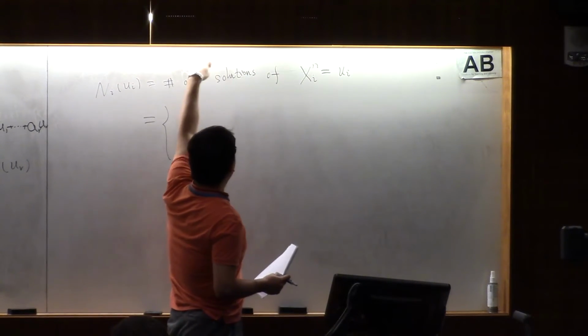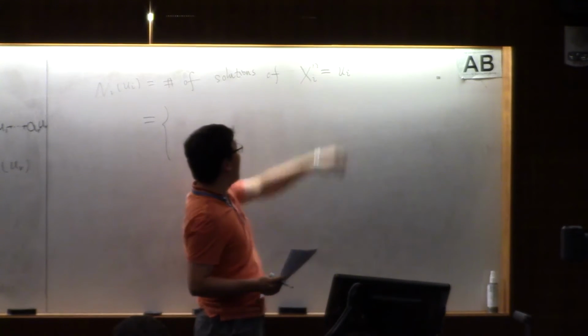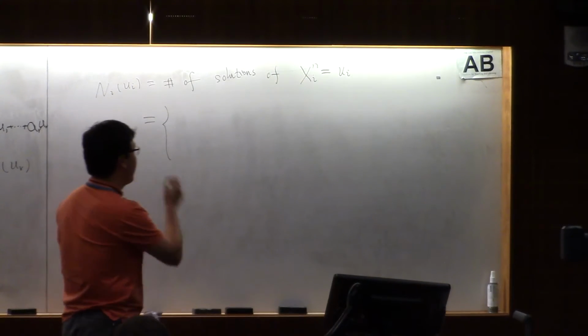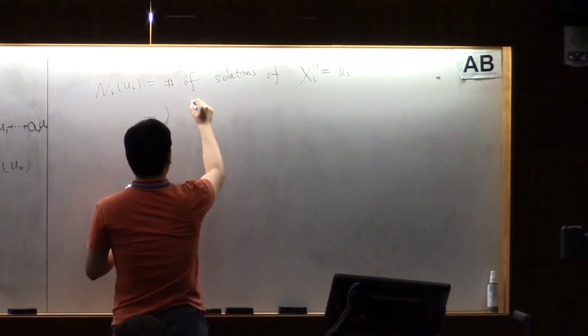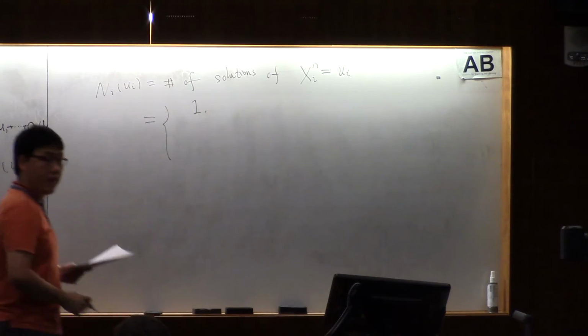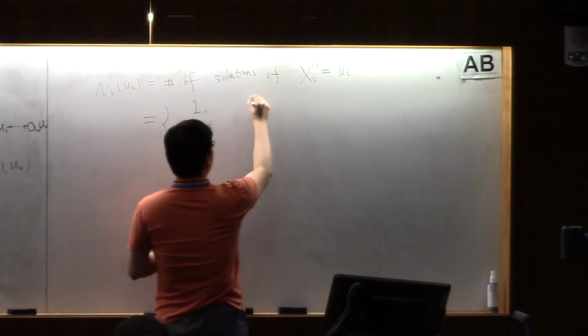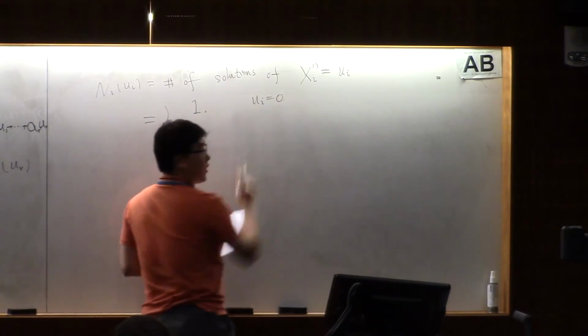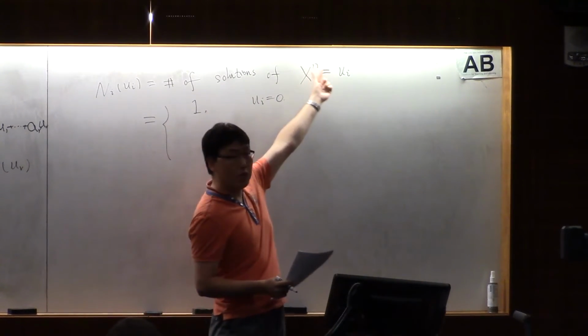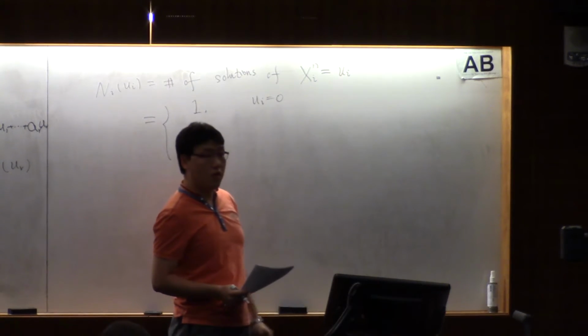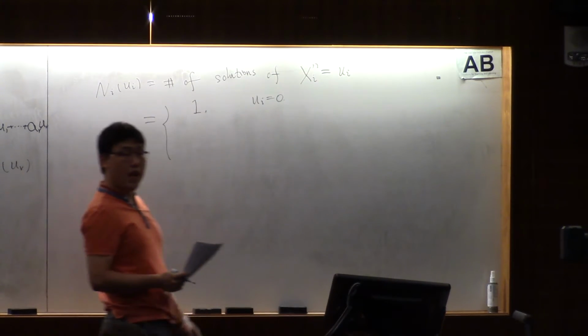If we want to compute the number of solutions to this equation, actually the answer is not very difficult. It is 1 if u_i is 0, because if x_i to the n is 0, of course the only solution is x_i is 0.